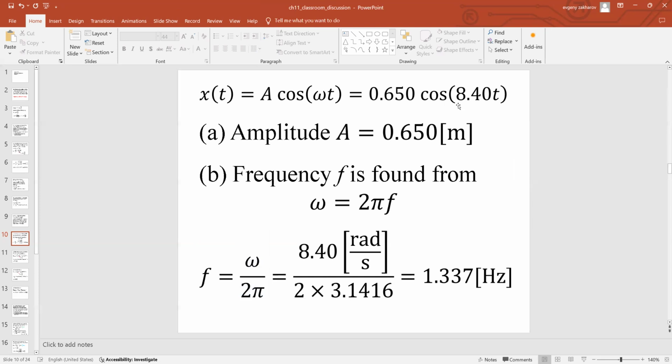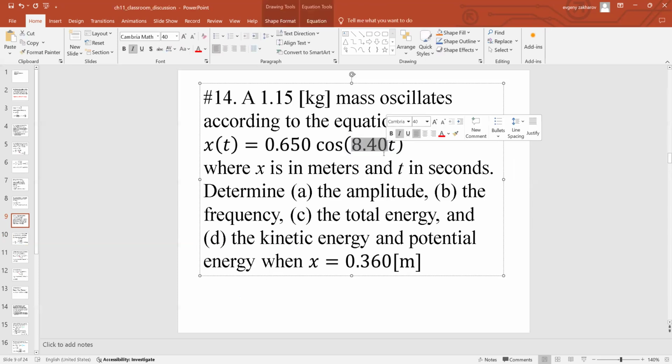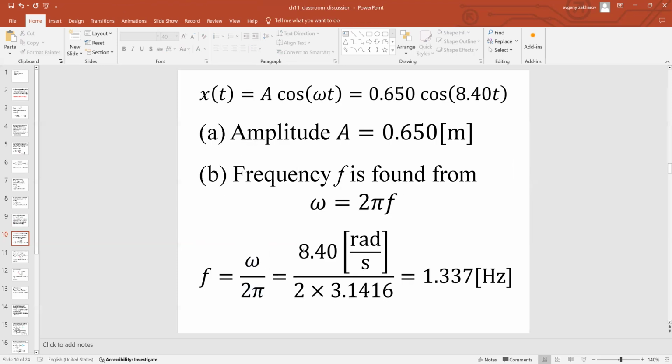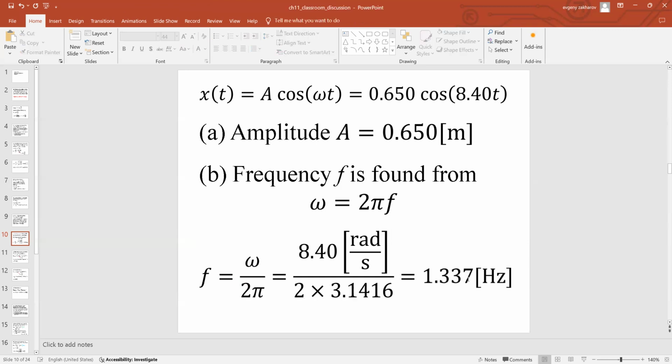Omega is given. How do we know what the omega is? We take a look at the original equation. Omega is 8.40. That's your angular frequency. And 2 pi is just 2 times 3.14. I keep extra sig figs in the middle. So 1.337 hertz. Frequency is in hertz. This is your inverse of a second. If you're wondering what the hertz is, it's 1 over the second.